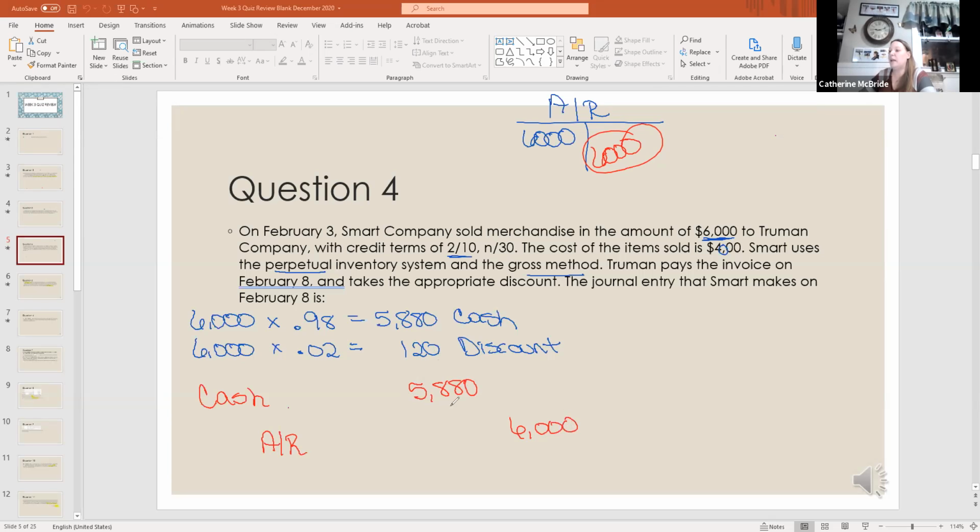And so the discount, this $120, now, remember, we are the seller. We sold the inventory to our customer, the end user. So instead of reducing inventory, we're going to record sales discounts.